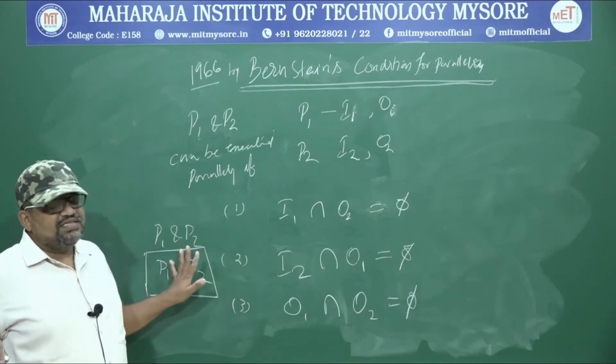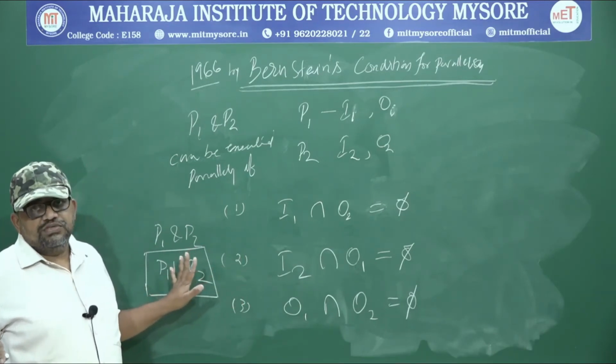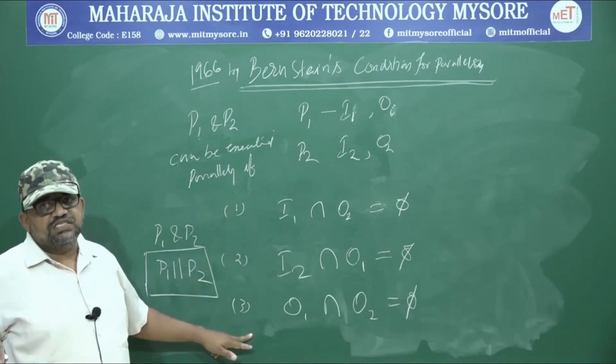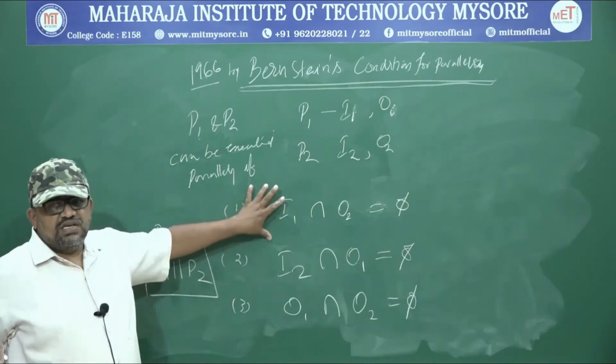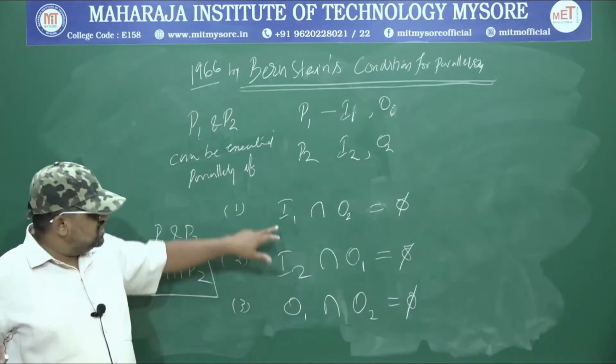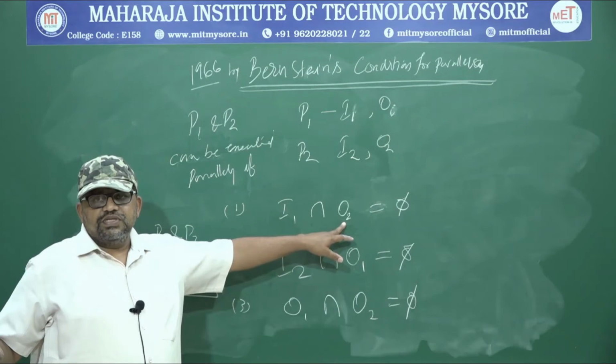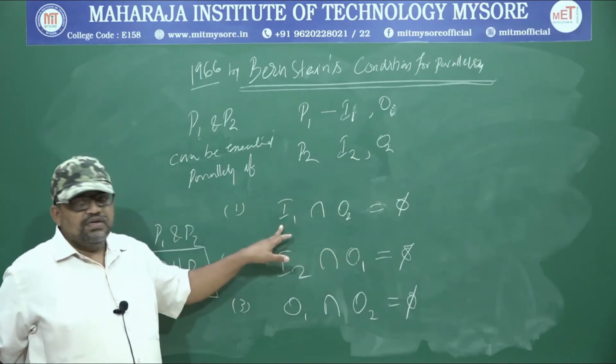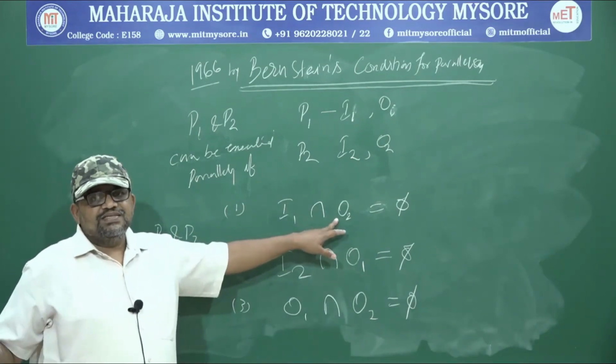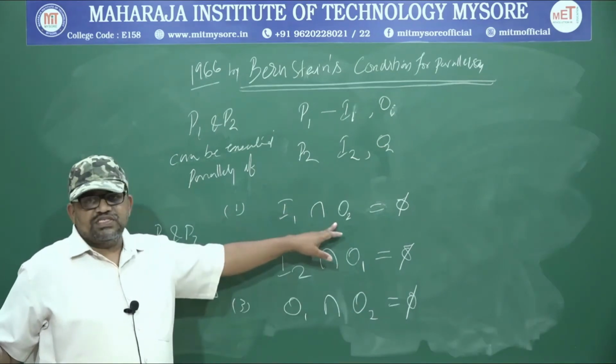It doesn't create any change in the output values because it satisfies these three conditions. And when you clearly look into these three conditions, you can make out the difference: the input of one is given as an output to the second one.